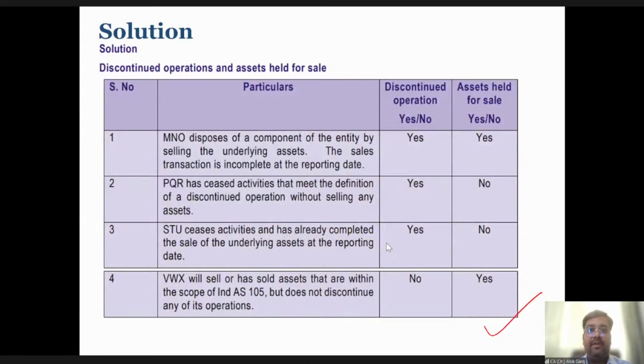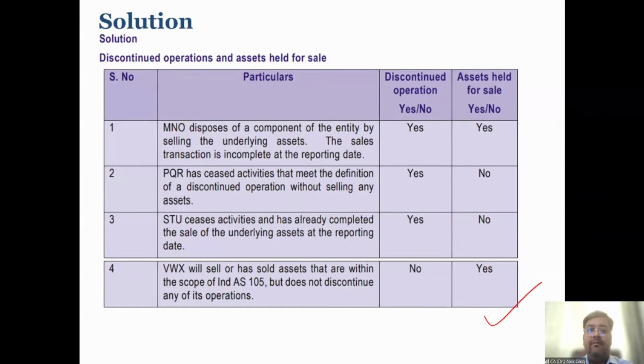Relating to example number 3 and example number 4, let me clear this confusion now. See, in example number 3, what is written here? STU ceases activities and has already completed the sale of underlying assets at the reporting date, right? It has written that it ceases activities.